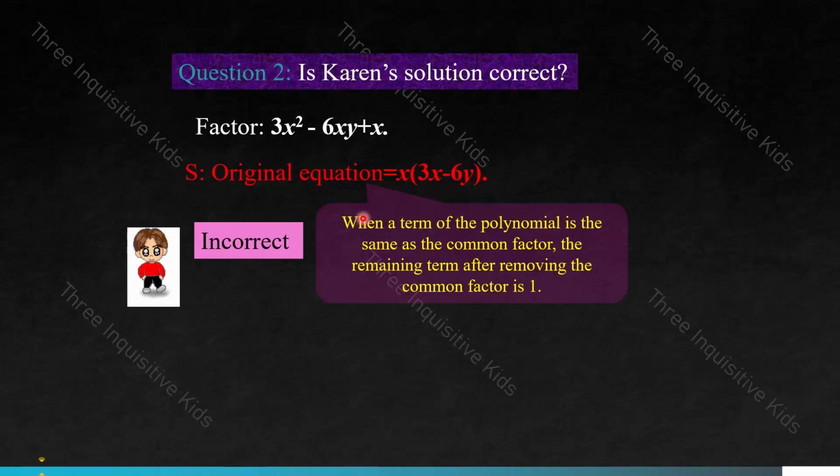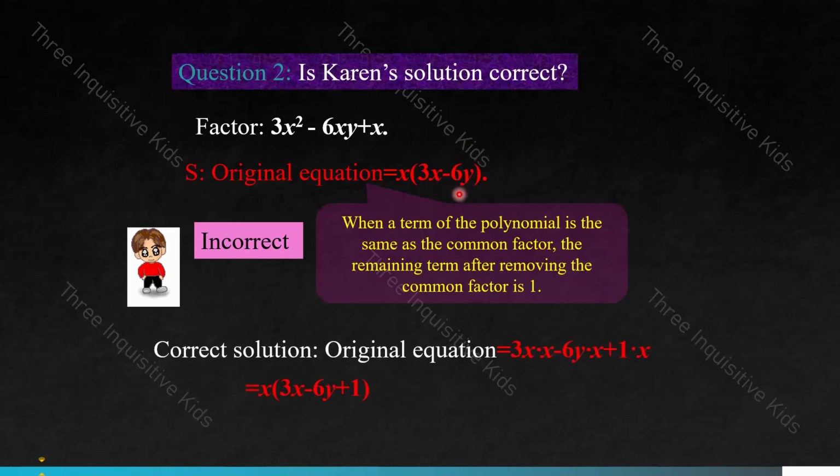So what this is saying here is that this student, she thought that since this last term, x, was already removed, she could just delete that term and not think about it. Well, actually, x is equal to x times 1, so she still has to have a positive 1 in parentheses. So the correct answer would be x times 3x minus 6y plus 1.